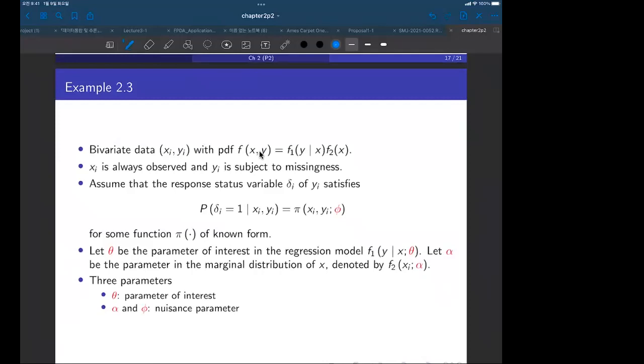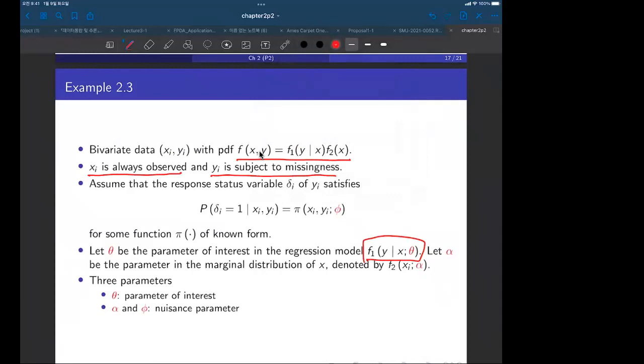So this is a very typical setup. You have a joint PDF, parameterized by theta, f1 of y given x and theta. You are interested mainly in estimating theta, but you have missing data. So x is always observed, but y is subject to missingness.